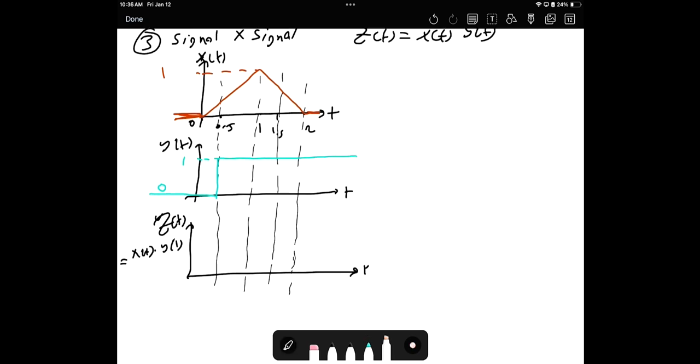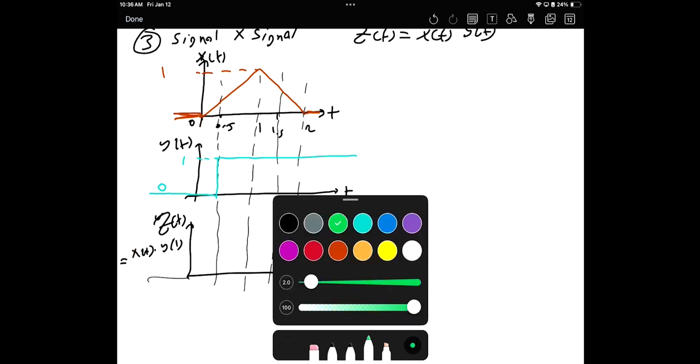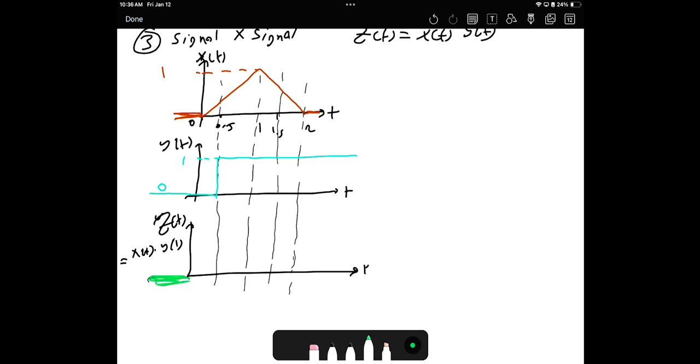So with t less than 0, everything will be 0, right? 0 times 0, 0. So it is 0. Then at this area with 1, 0 and 0.5, it goes up, but times 0. Times 0 is 0. So it will remain 0 because everything times 0 will be 0.